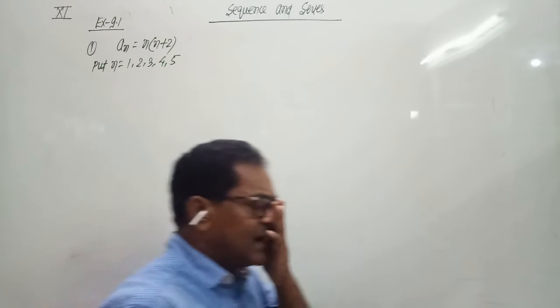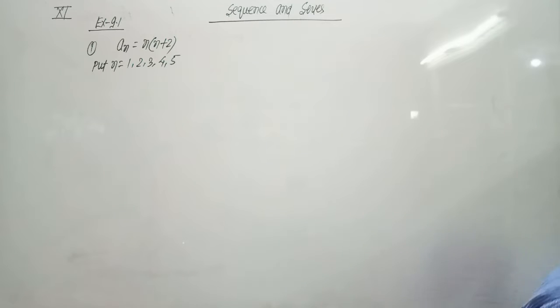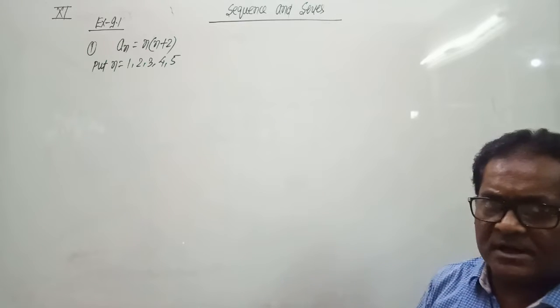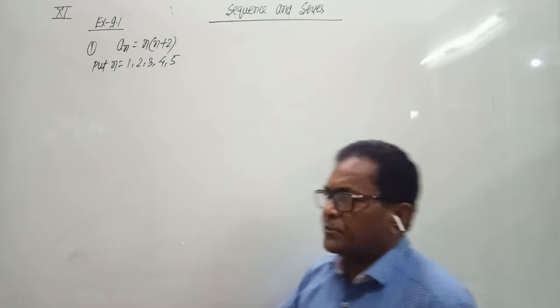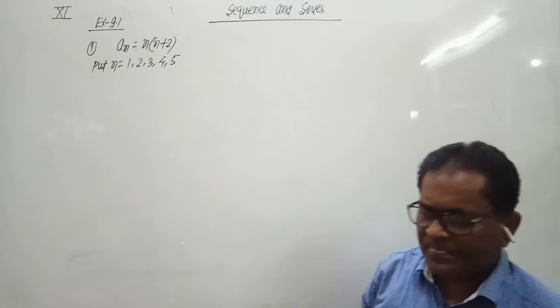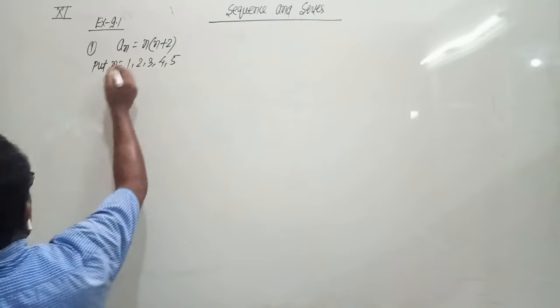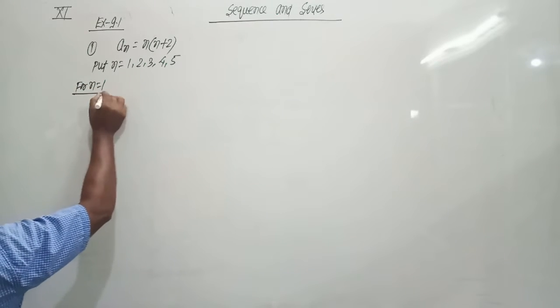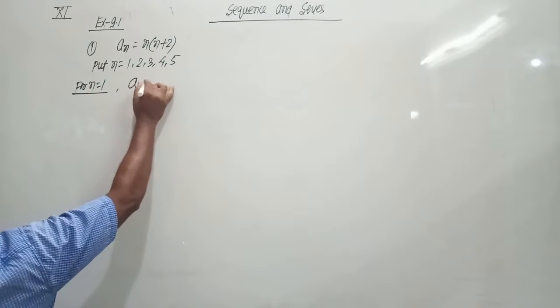In this question we are given the nth term of the sequence, which means the last term is given, and we have to find the first 5 terms. So we put the value of n equals 1, 2, 3, 4 and 5. For n equals 1, we get the first term A1.